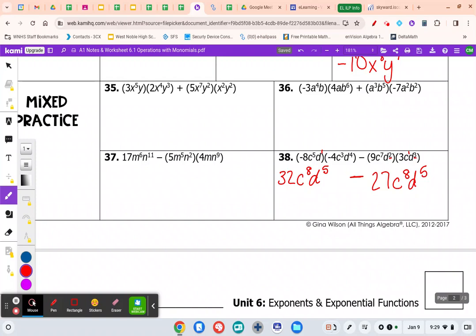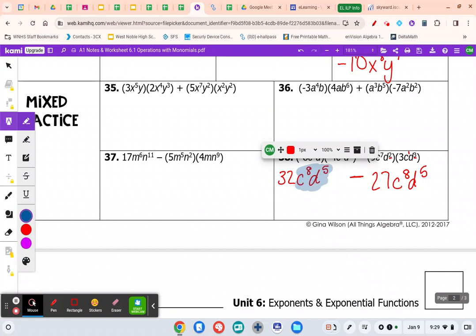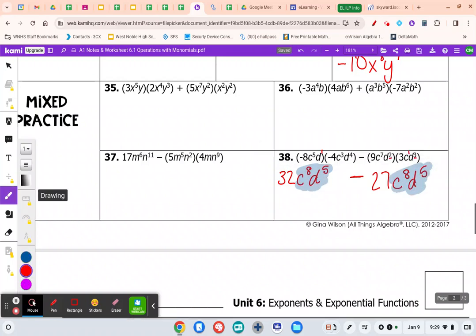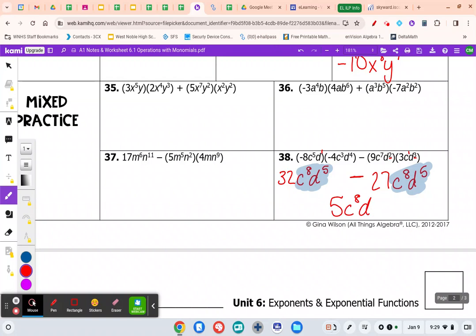So we did the multiplication steps. Now we need to check, are these like terms? They are both c to the 8th, d to the 5th. So we can finish simplifying these by taking 32 minus 27. That is 5. And then the variables do not change because we are subtracting. They stay exactly as they are.